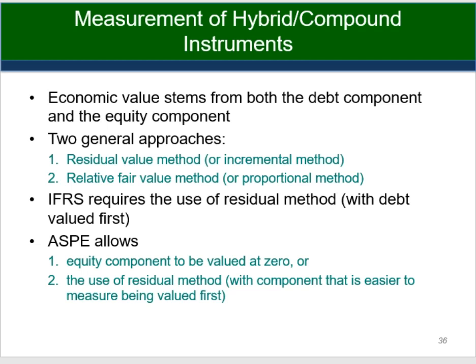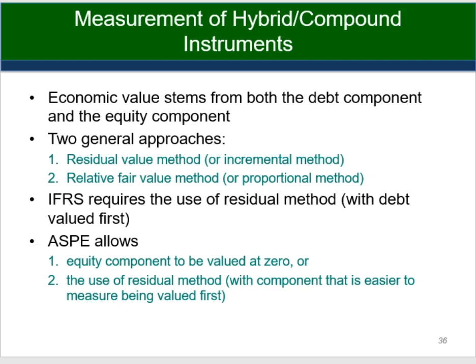Residual value refers to establishing a good, reliable value, and then whatever is less reliable would be the leftovers. Relative fair value would be if you identify fairly reliable values but they're different from the actual price that was paid, you would allocate them on a proportional basis.